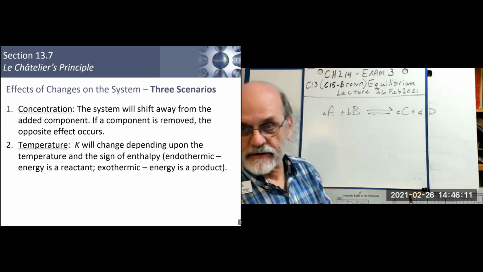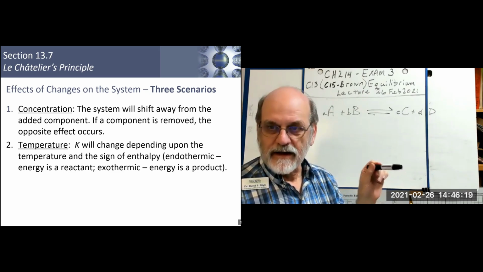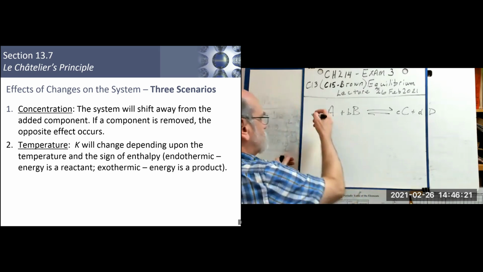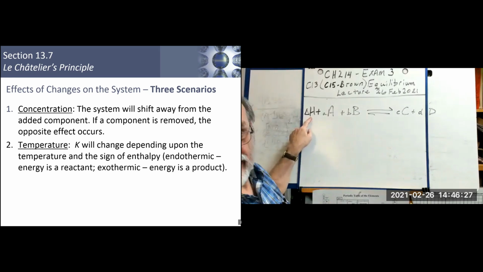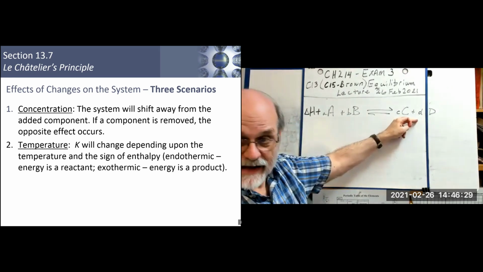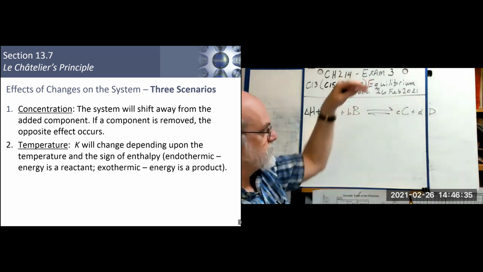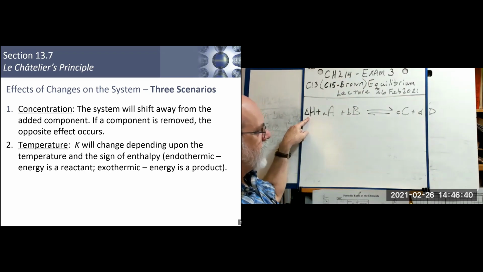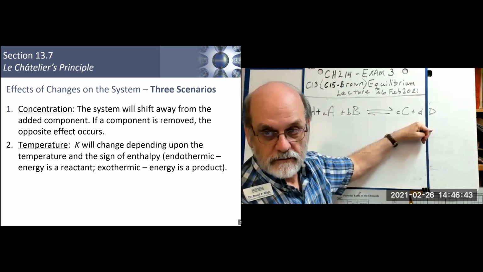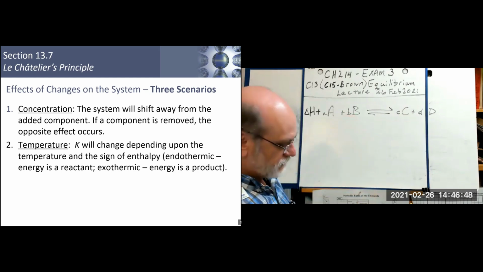Well, the way I look at it is, if the reaction is endothermic, then you look at heat as a reactant. So if you put heat into the reaction to get products, that's endothermic. So now, if you increase the temperature, what are you doing? You're adding heat. So if you add heat to an endothermic reaction, it's going toward products. See that? Just make heat one of the reactants.